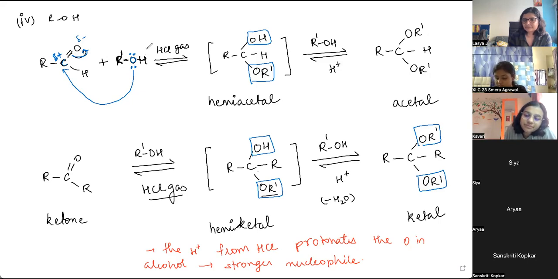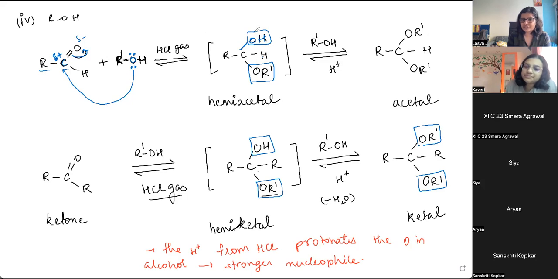So that's the end product. We have the same R, same carbon, same hydrogen. This double bond has now become a single bond. It should have been O minus, but from the medium, because HCl gas is also there, the negative O attracts H plus and becomes OH.